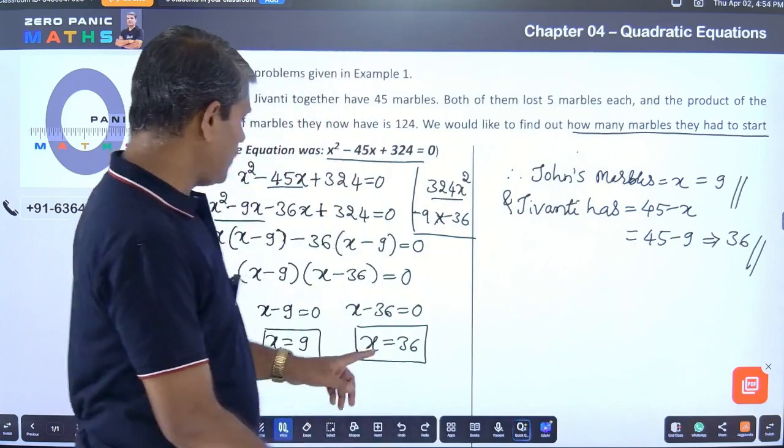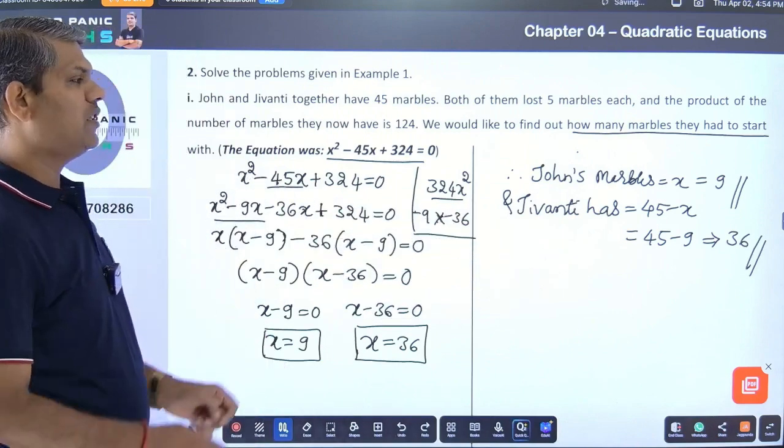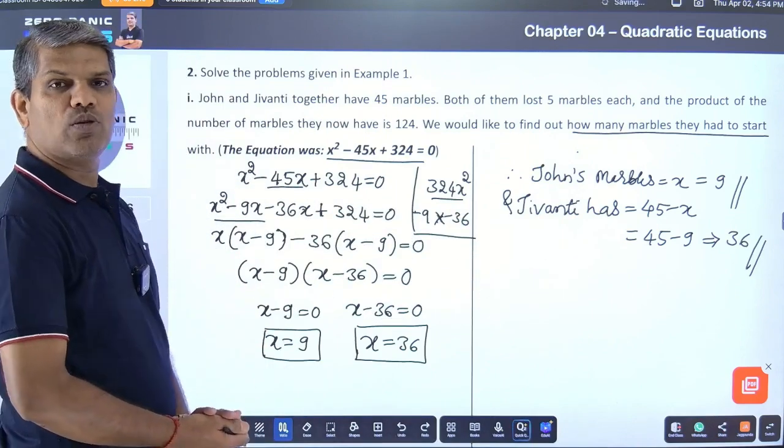So if you put 36 as John's marbles, then 9 will be the marbles of Jivanti. Both are proper solutions.